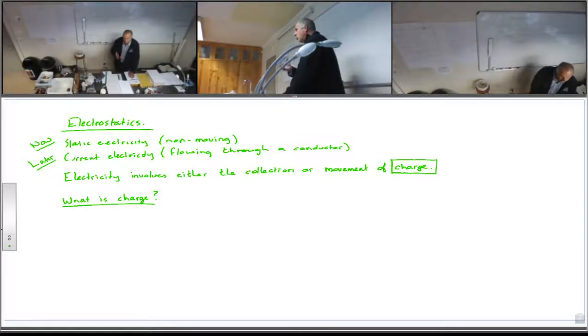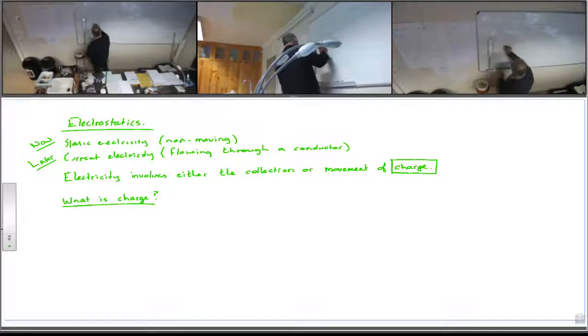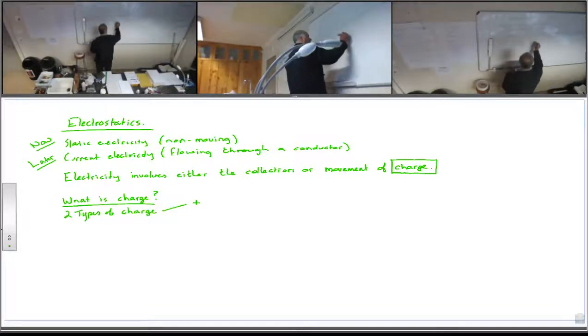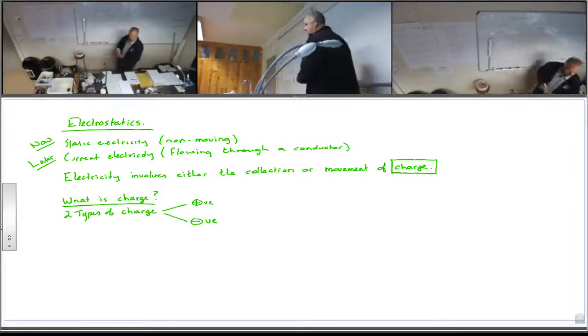What are the two types of charge that we're aware of? You get two types of charge. Positive and negative. Right?